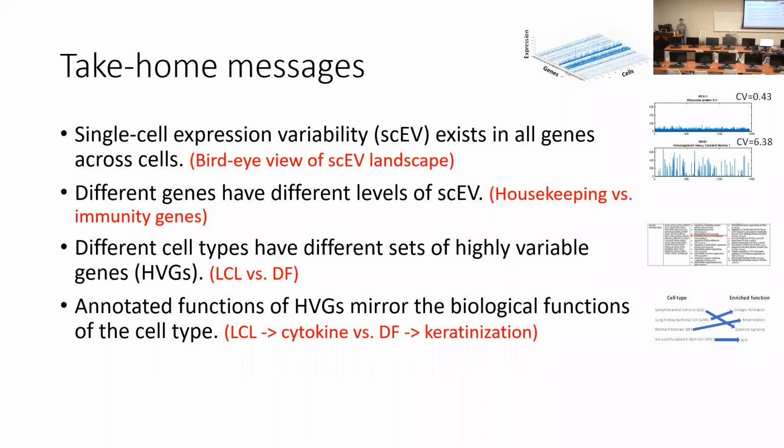How can you address the change of variability and control for the mean, or take the mean into account as well? So we need a statistical test which is not only DE but also DV, differential variability, plus DE plus DV together. Okay. We are working on that.